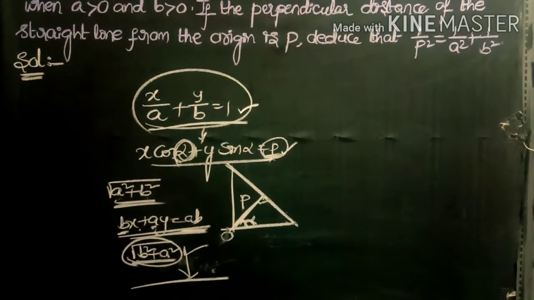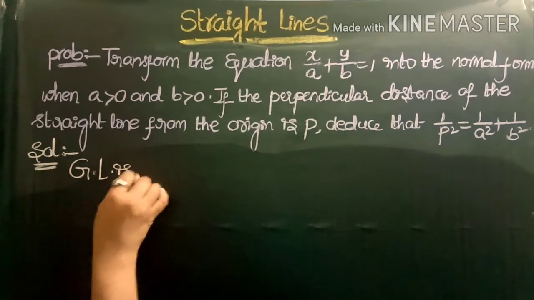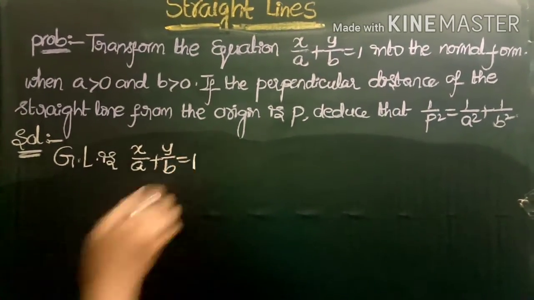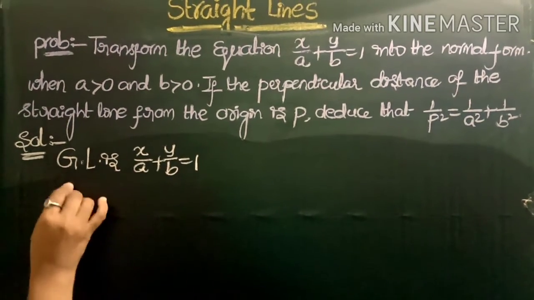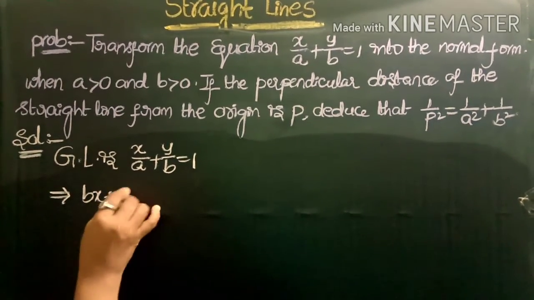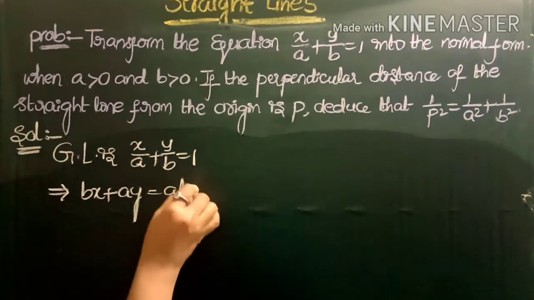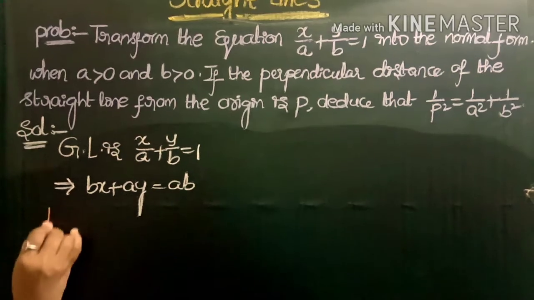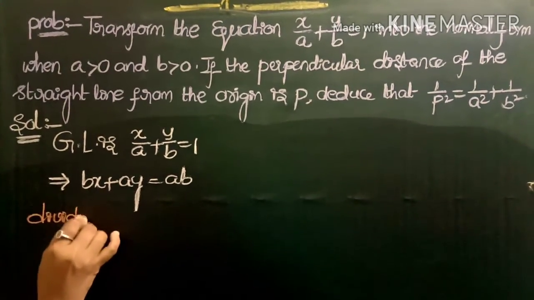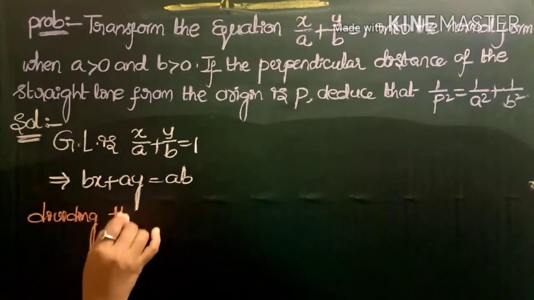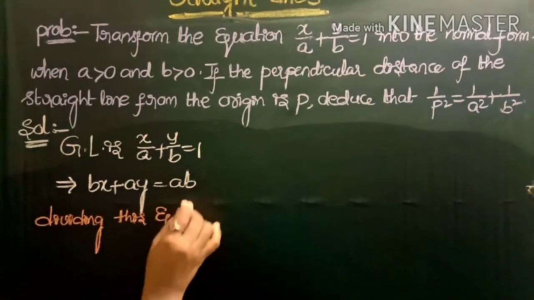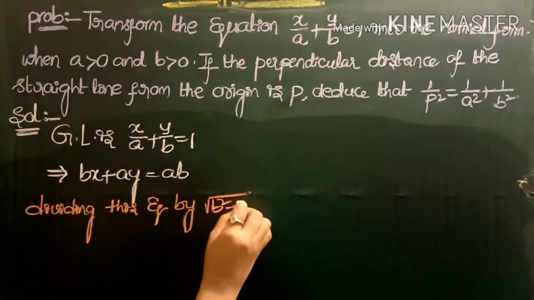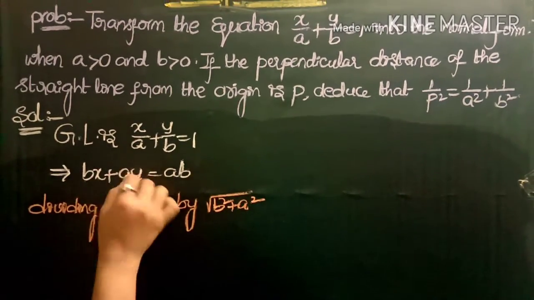That is the procedure. First, we write the given line, x by a plus y by b is equal to 1. Taking LCM, bx plus ay is equal to ab. Now to convert this equation to the normal form, we divide the whole equation by the square root of a square plus b square.